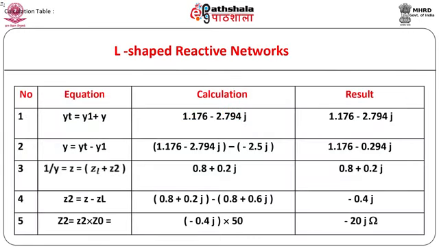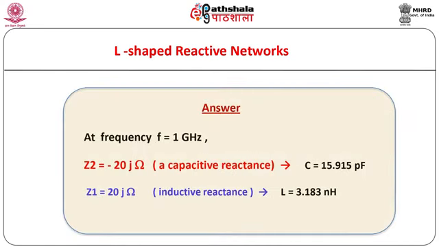As seen from the sequential operations, we understand that the solution of the problem under consideration involves many operations with admittances. We can show the calculations to be done in sequence in a tabular form. Thus, finally, we have Z2 equal to minus j20 ohm, which represents a capacitive reactance.